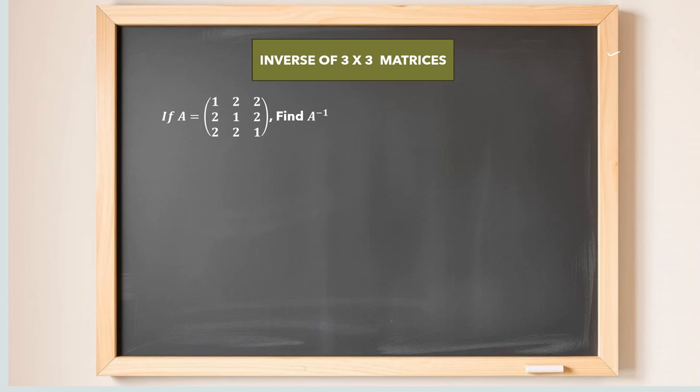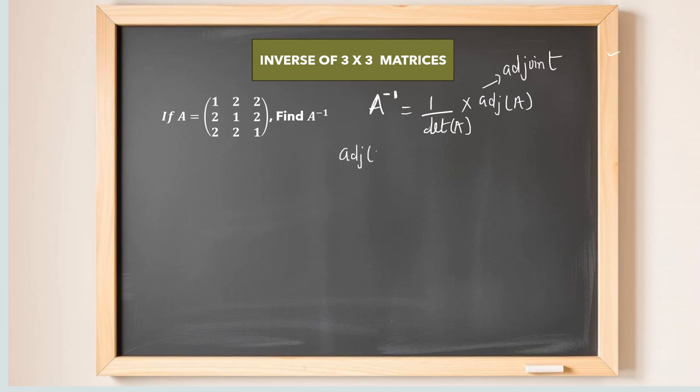Now, before I proceed, I would like you to know that the formula for finding the inverse of any matrix equals 1 over the determinant of A multiplied by the adjoint of A. Now, what is the formula for calculating the adjoint?